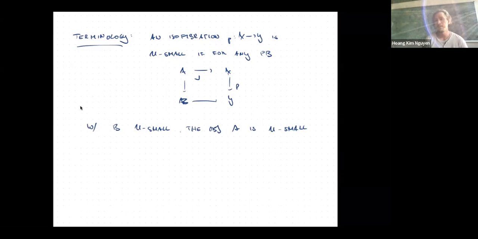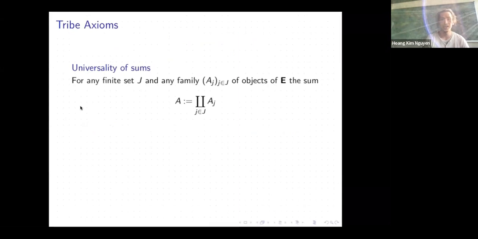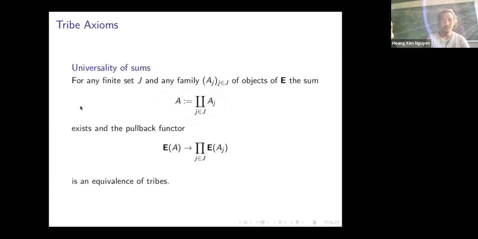Right, so then we want to have some further axioms on the tribe itself. One is the universality of sums. If we have a finite set J and some family of objects, then we want the sum to exist and the pullback functor to be an equivalence of tribes. So pullback preserves sums, and the sum of two isofibrations will again be an isofibration.